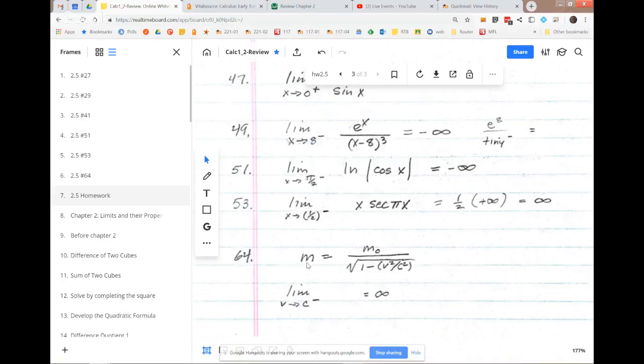To make that more understandable, what's pi over 2 in degrees? 90. So we're approaching 90 from the left, like 88, 89 degrees. What happens when you take the cosine of an angle that gets closer and closer to 90?